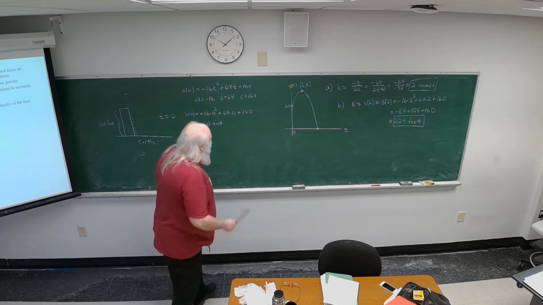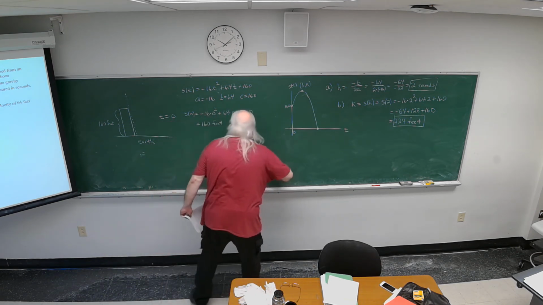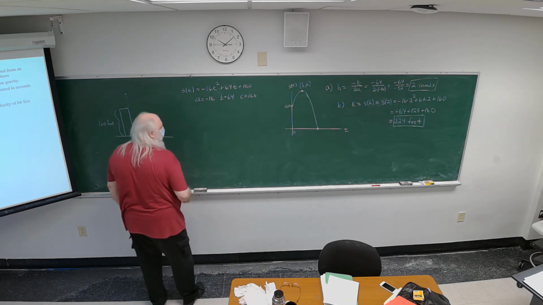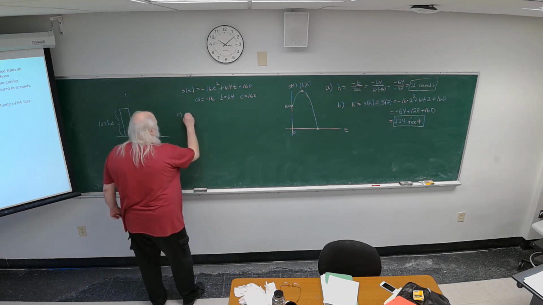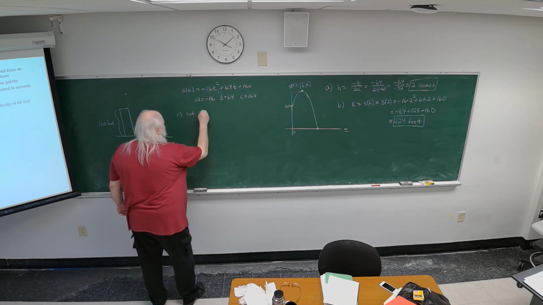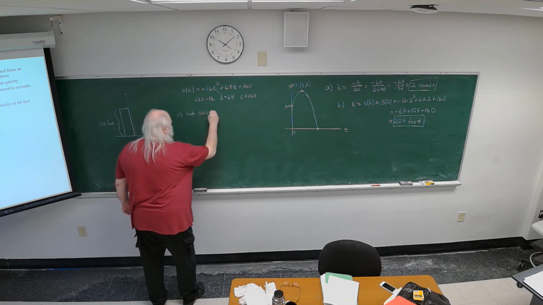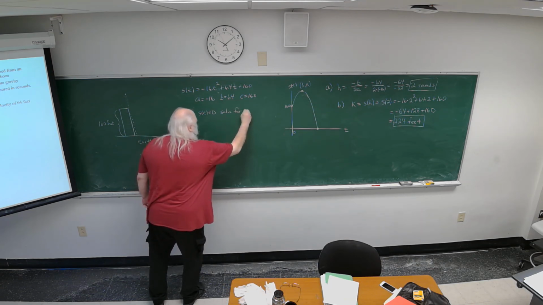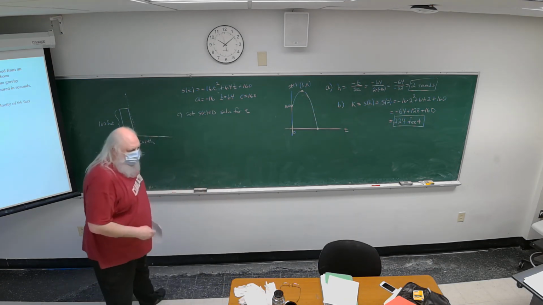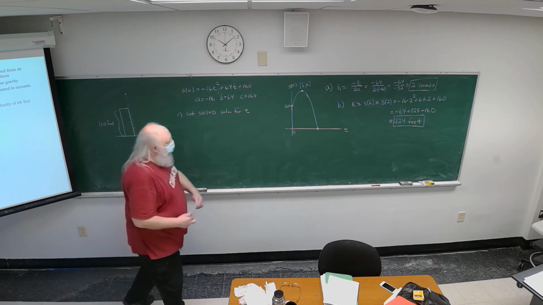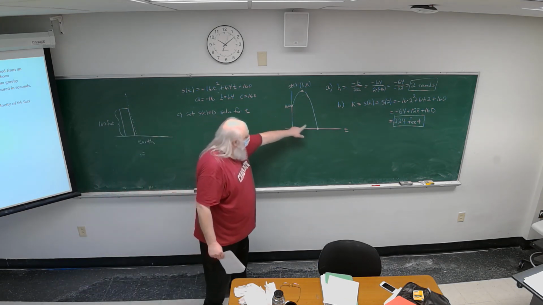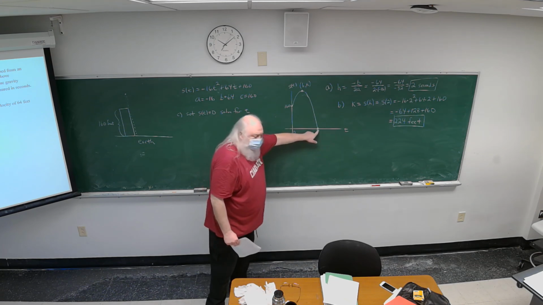Okay? So in C, we set S of t equal to 0 and solve for t. We know if t equals 0, it's 160 feet above the ground. We have to find the value of t where it hits the ground over here.